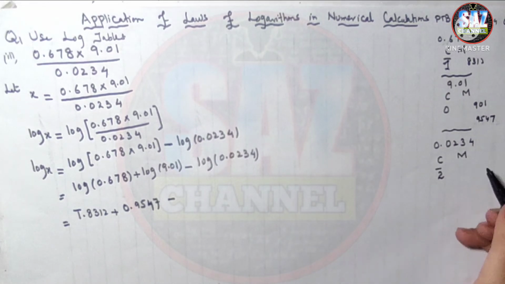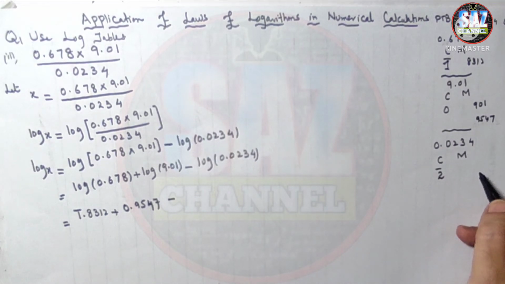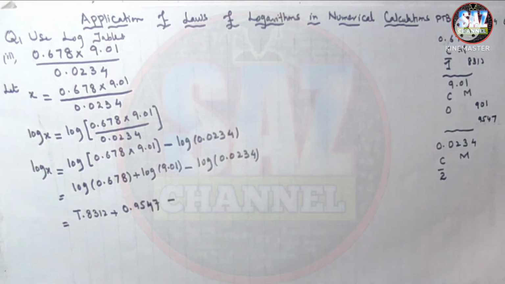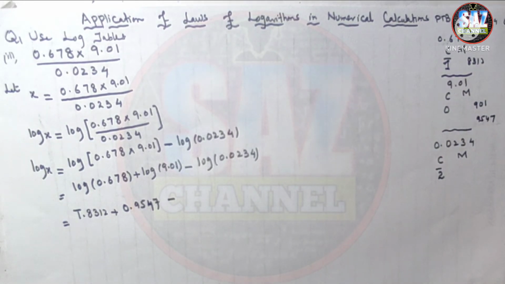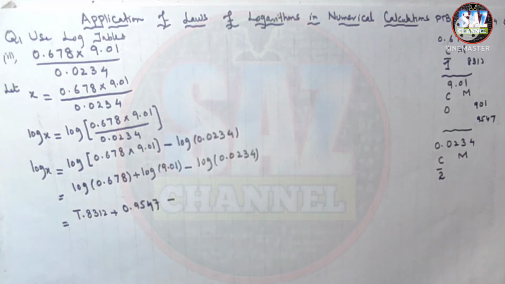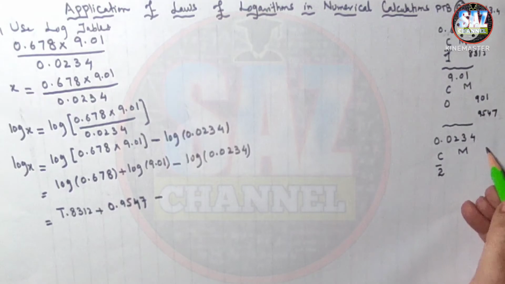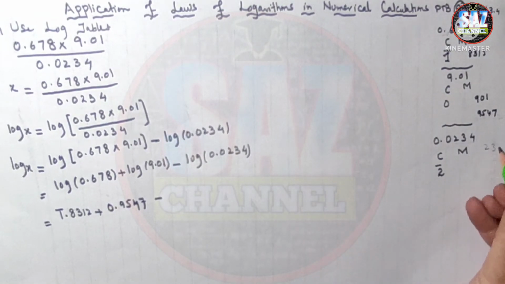And for the mantissa part, I have to locate 0, 2 in the column of 3 and 4. Let me first open the log table so that I can easily locate. As we need to make 4 significant figures, it will become 2, 3 and 4.